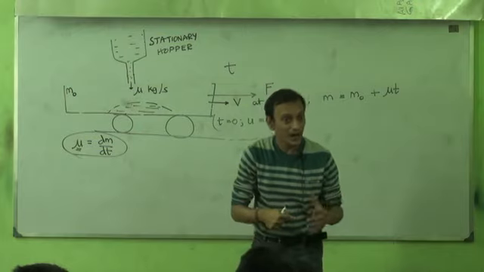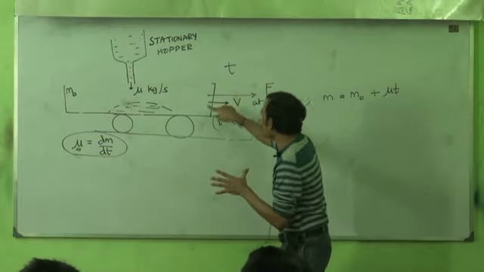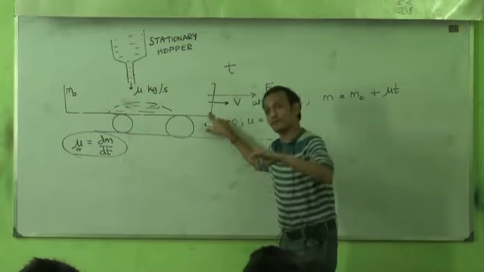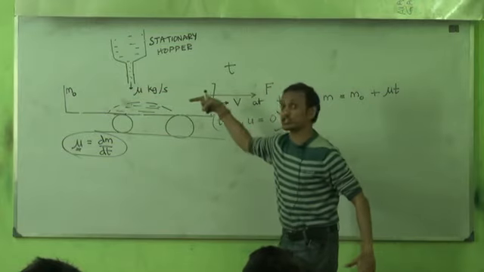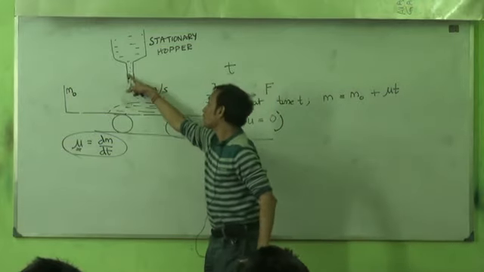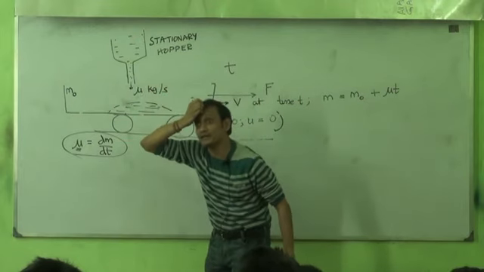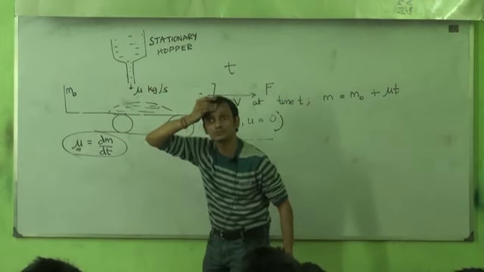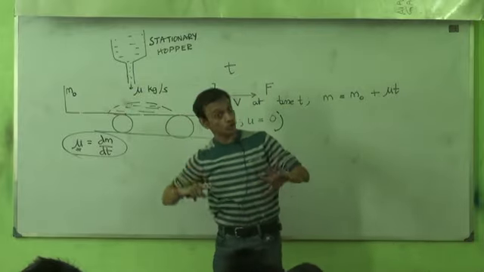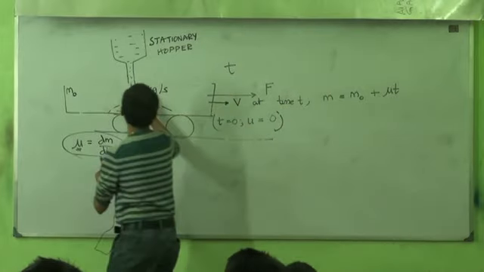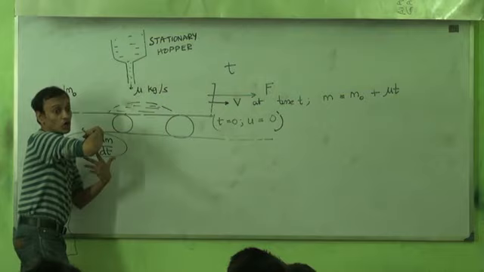A person on the trolley will report a leftward horizontal relative velocity v of the falling sand.